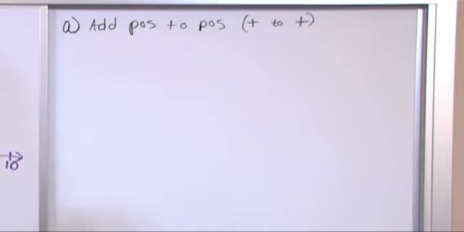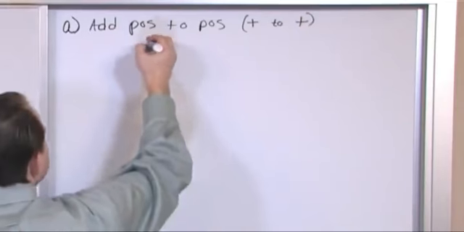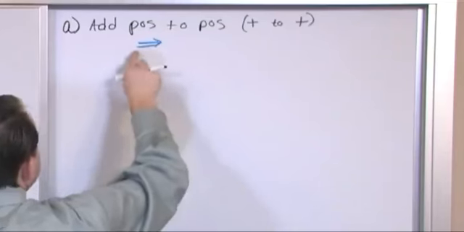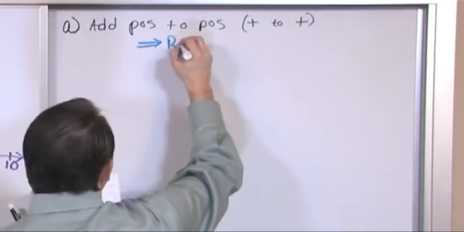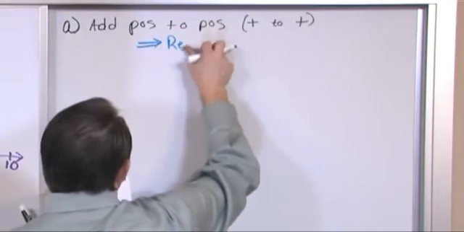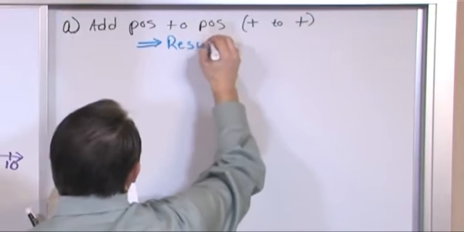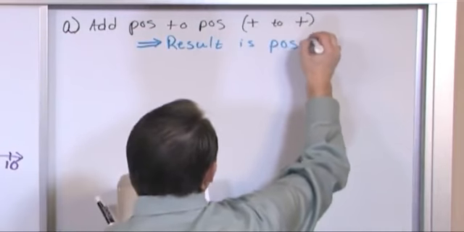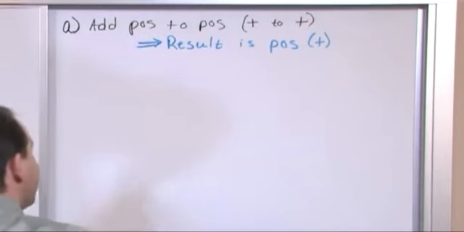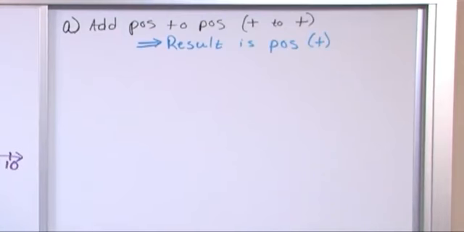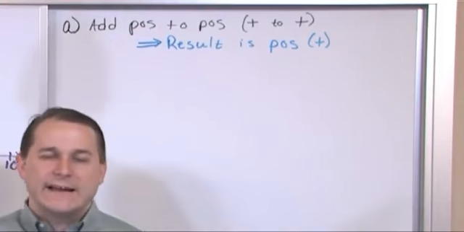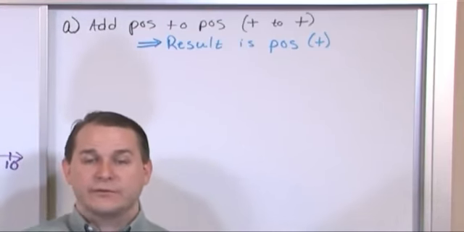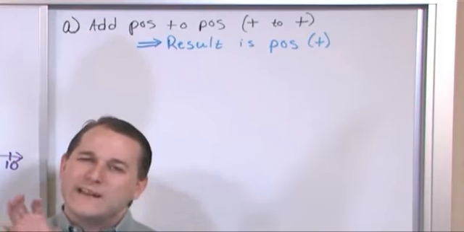What is going to happen in that case? These little arrows I'm going to tell you, this is the result. So the result of this addition is positive. Now this should come as no surprise to you. I'm writing it down in words, so you might be a little bit taken aback, but what this is just saying is that, yeah, you have positive and negative numbers that we're going to be dealing with, but we're going to take it one case at a time.